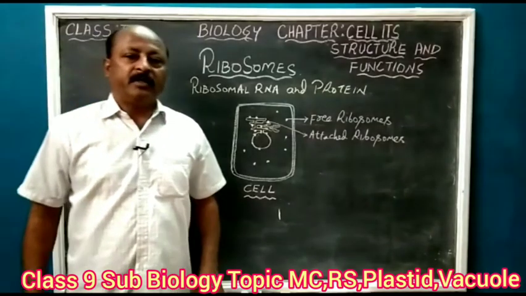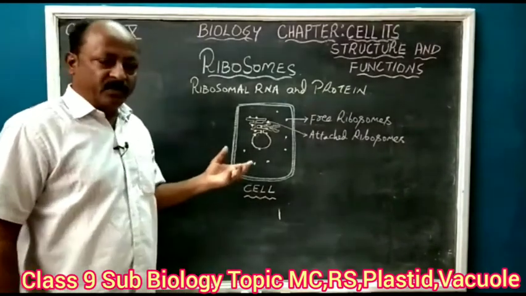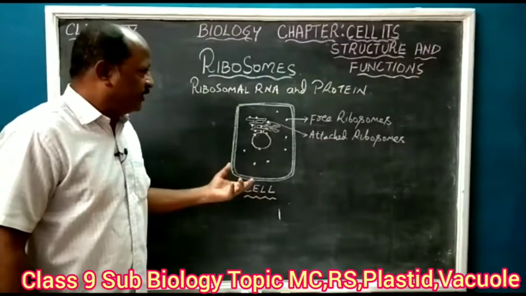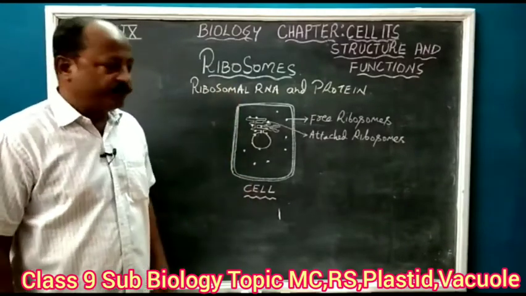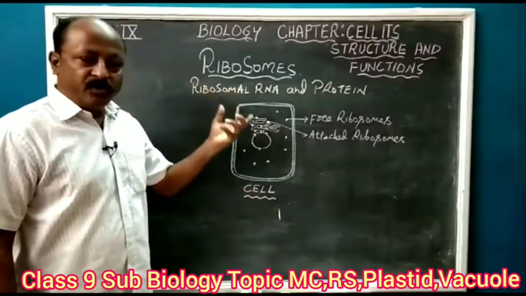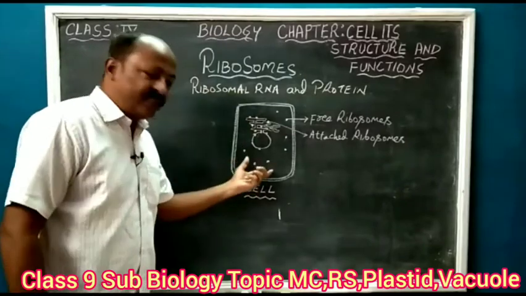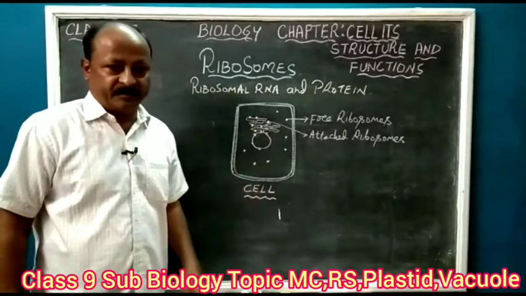Okay students, let us now study about one more structure found in the cell, that is the ribosome. Ribosomes are small granule-like structures found inside the cell in the cytoplasm.